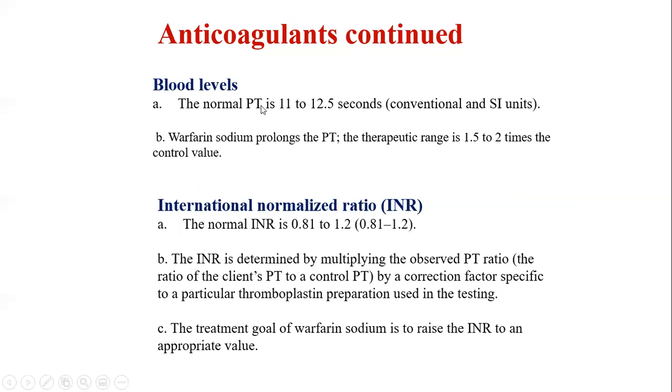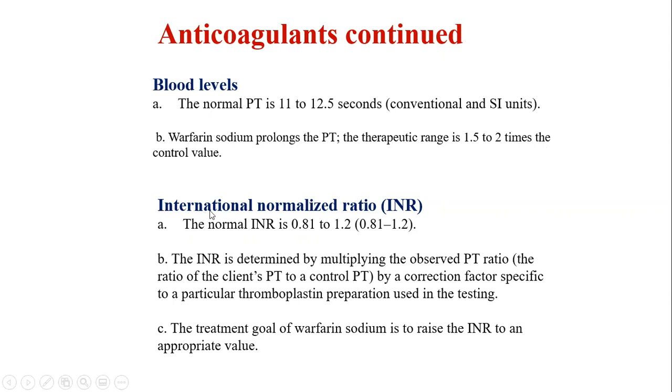So normal PT is 11 to 12.5 seconds. Right? And warfarin sodium prolongs the PT. And also the therapeutic range should be 1.5 to 2 times the control values.